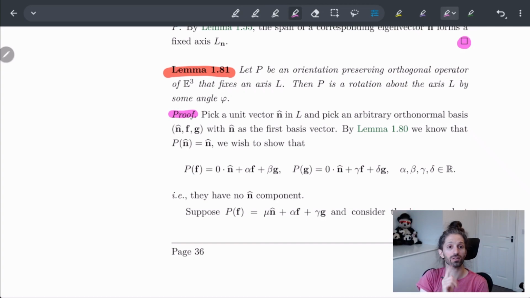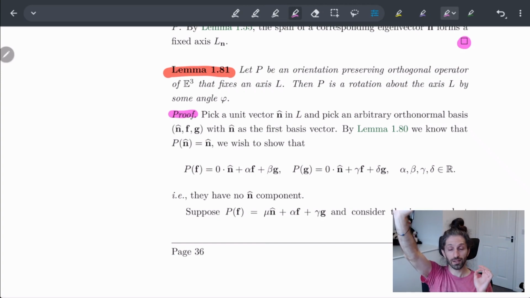And here in particular, we're always forcing n to be the first element in this basis, right? This is going to let us see that matrix we had seen a couple videos back, with the 1 in the corner and the cosine sine phi blah blah blah on the bottom right hand side.